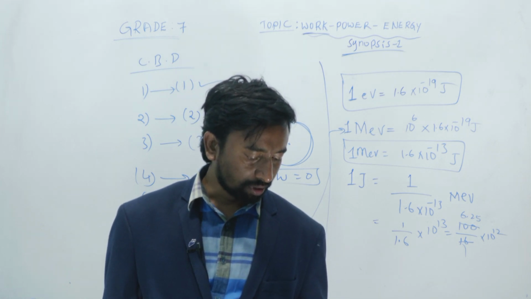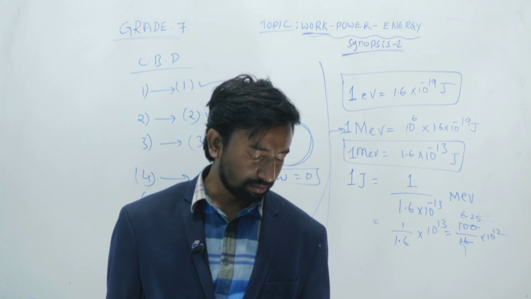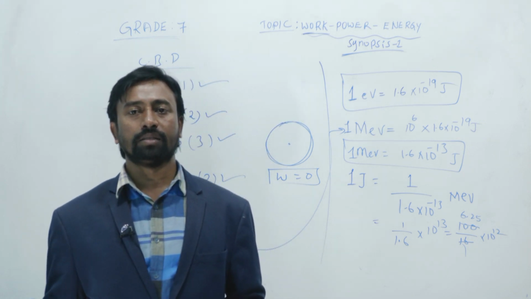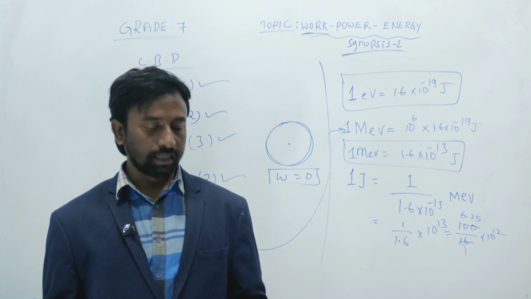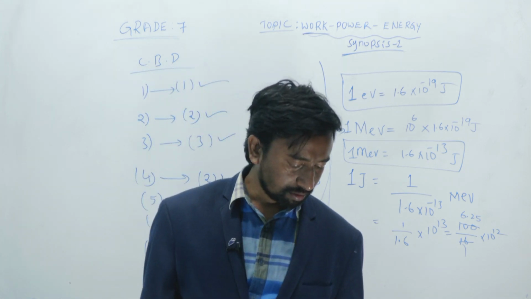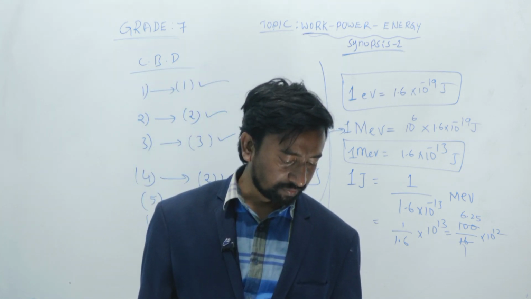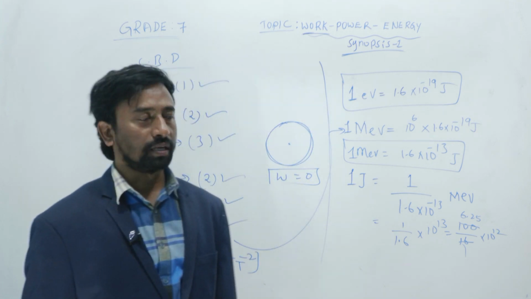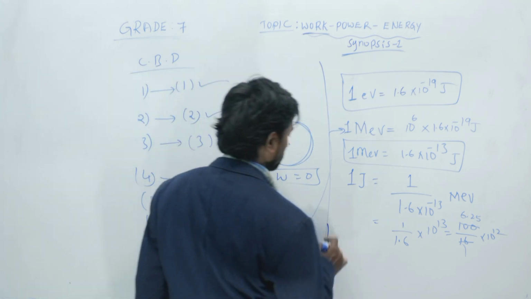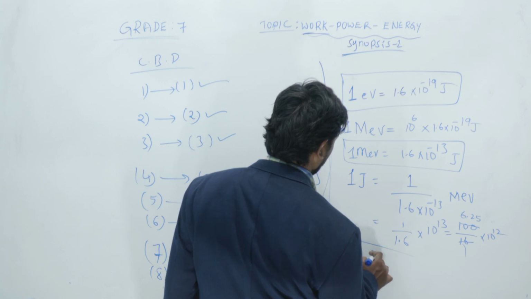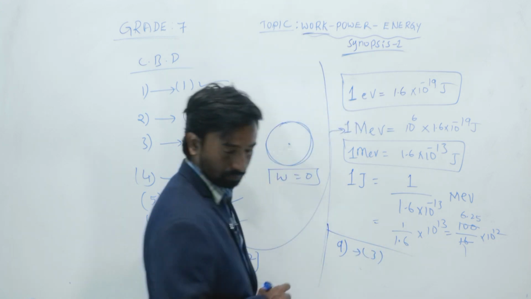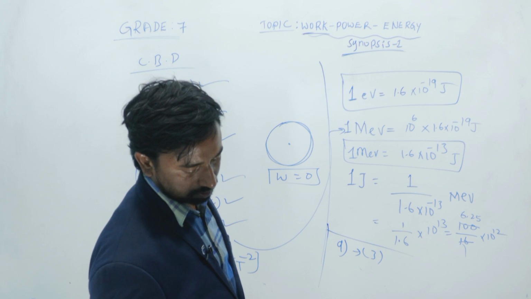The third is a person standing while holding a suitcase in his hand. In that case, work is not done. The fourth is a sailing boat moving in the direction of the wind. So the ninth one is option 3.